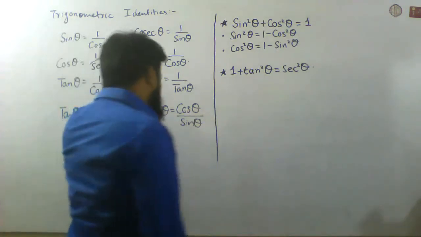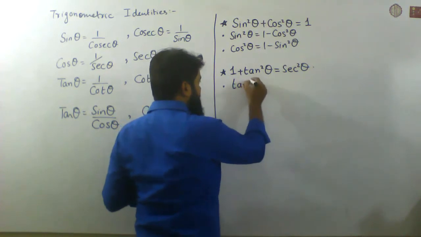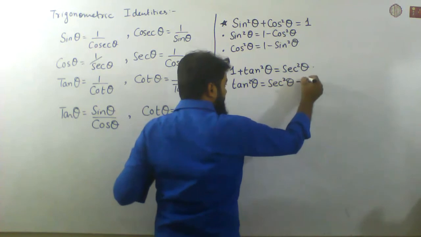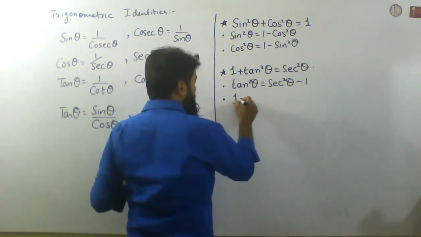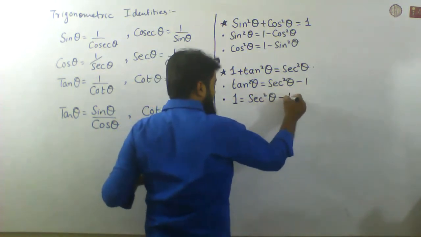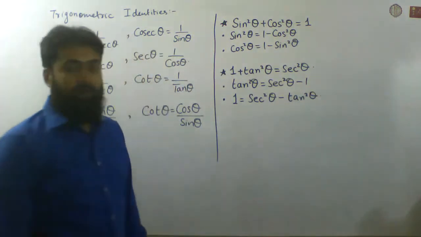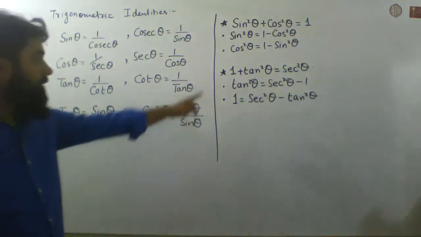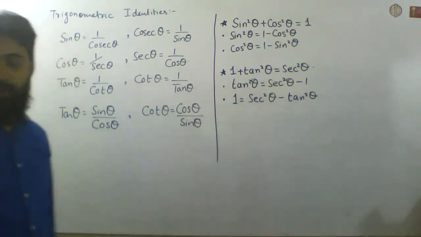You can also write it as tan square theta equals sec square theta minus 1, or 1 equals sec square theta minus tan square theta. This is the second squaring identity, and these two are its variations.